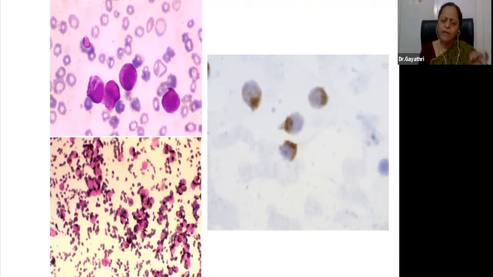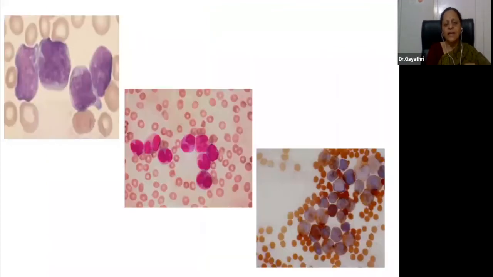Of course, the clinician will want PML-RARA confirmation later, but once you pick up these, you must immediately call up the physician, because this is one hematologic neoplastic emergency that the physician would like to be warned about. He will initiate appropriate pre-treatment protocol for managing APML right away.